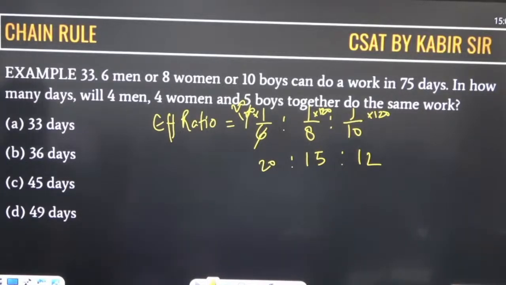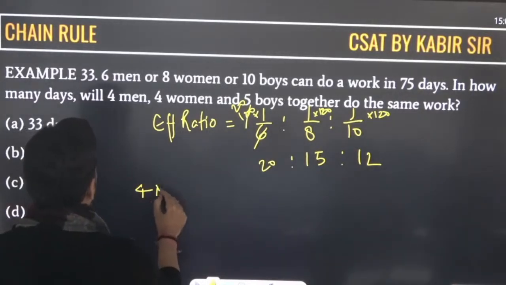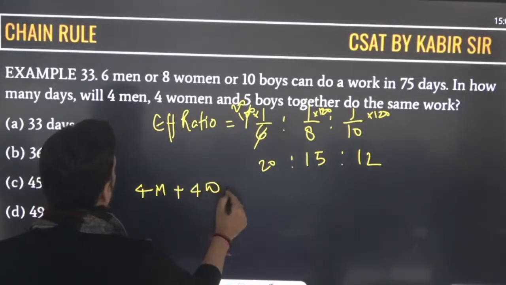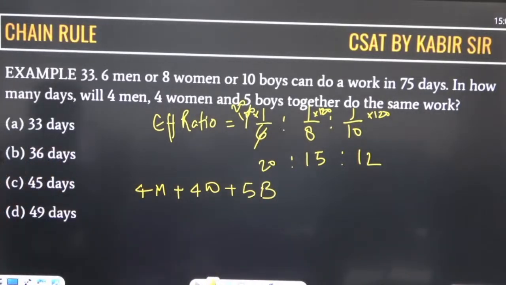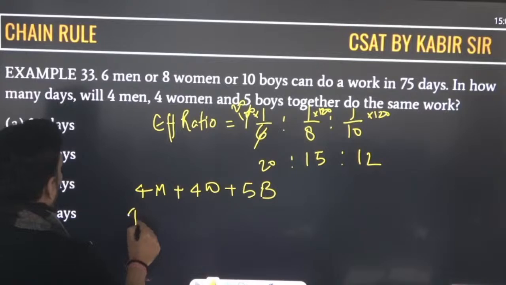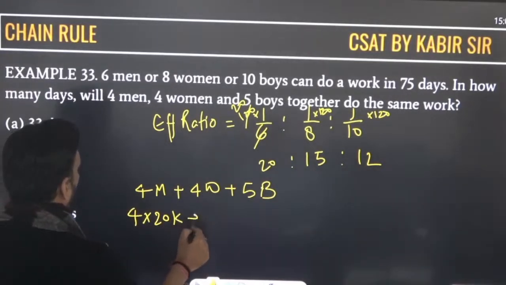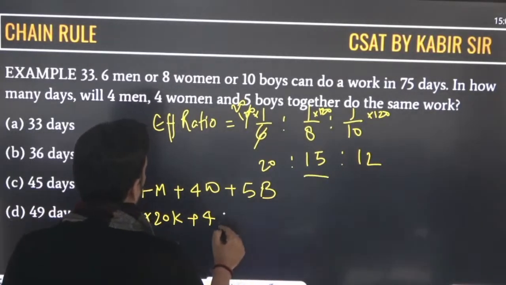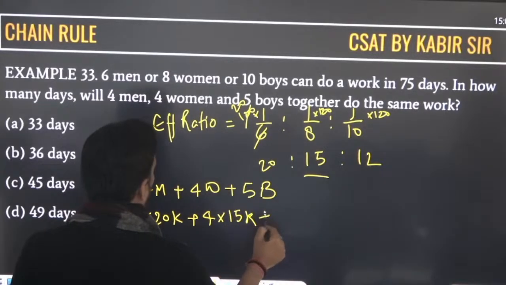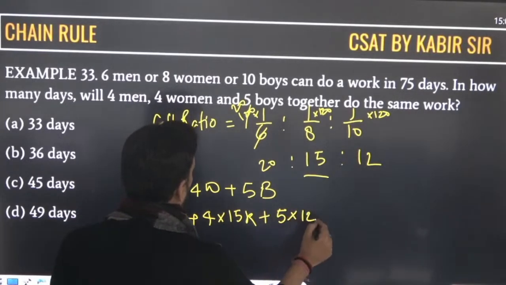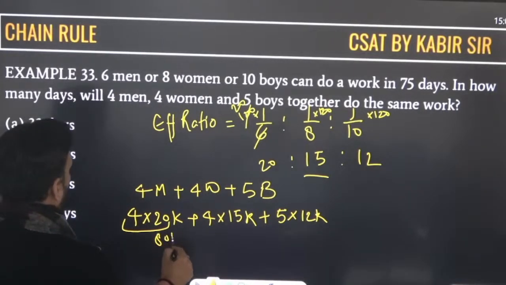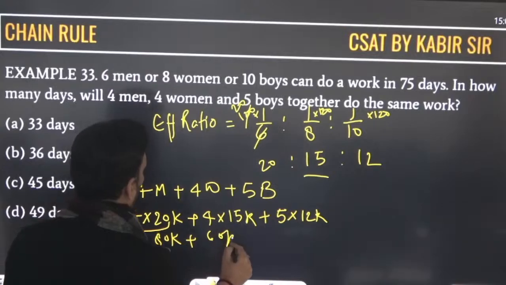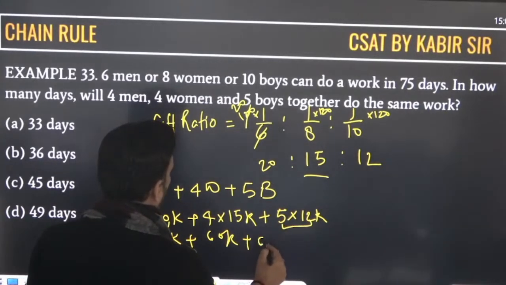So in how many days can 4 men plus 4 women plus 5 boys together do the work, right? So man is 20K, plus 4 women is 15K, plus boys is 12K, right? So this will be 80K plus 60K plus 60K.